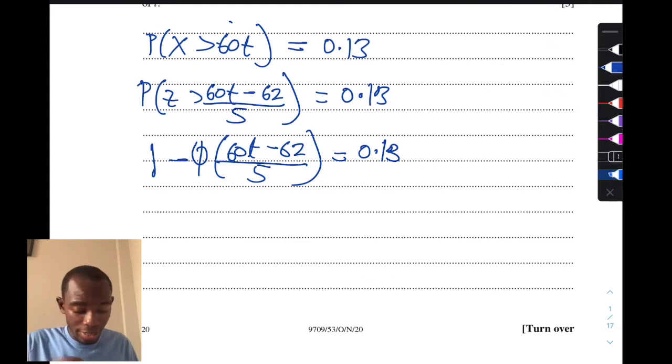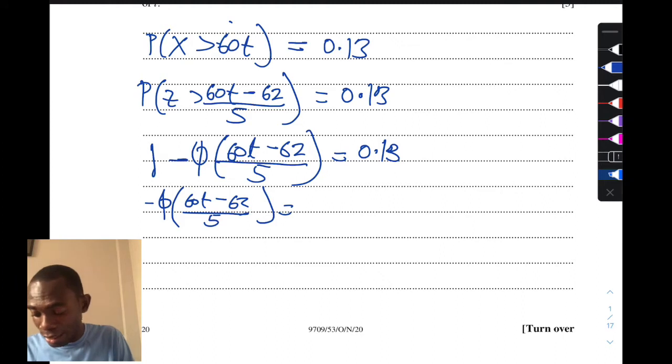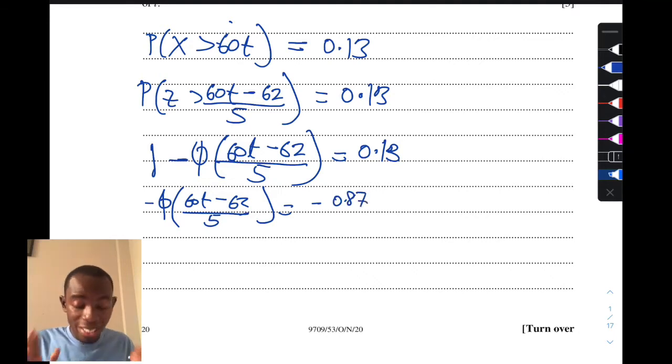Great. Now what you want to do at this stage is move the 1 to the other side. So you have negative phi of (60t minus 62) over 5 is equal to 1 minus that, 0.13 minus 1, which gives us negative 0.87. So the negatives cancel out.